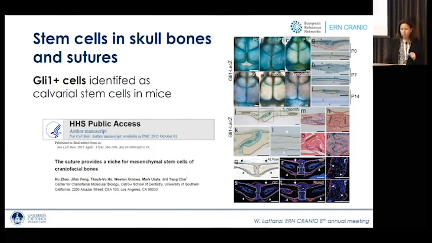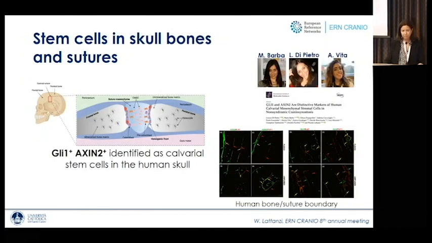The first to categorize and describe very precisely the suture stem cells was a group in California, and they demonstrated that we have these GLI1 positive cells, positive for this marker, which is a transcription factor of the sonic hedgehog pathway. At almost the same time, we were able to originally define the specific phenotype of skull stem cells that we have in our calvarial bones and suture niches: they are positive for the GLI1 and the Axin2 markers.